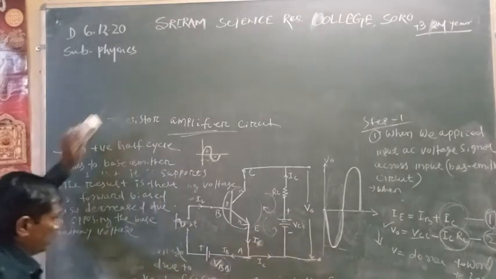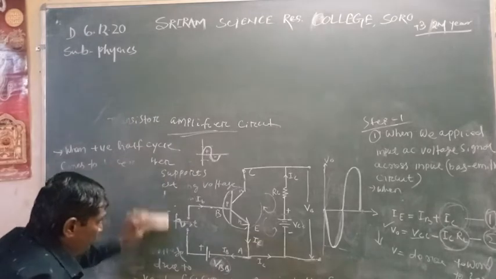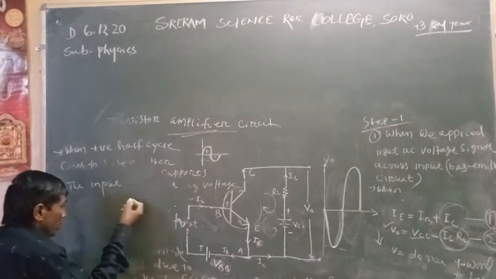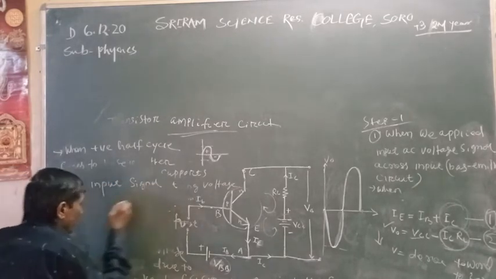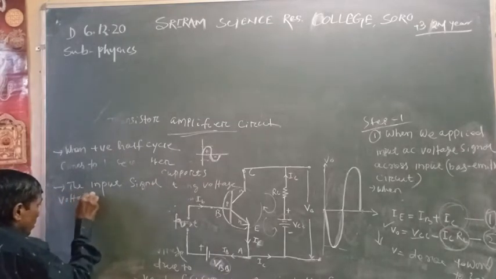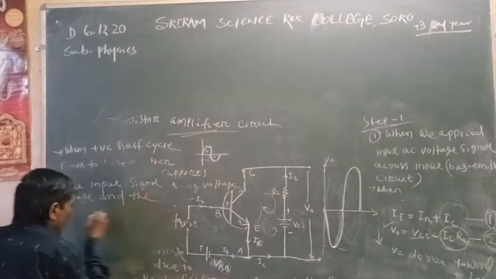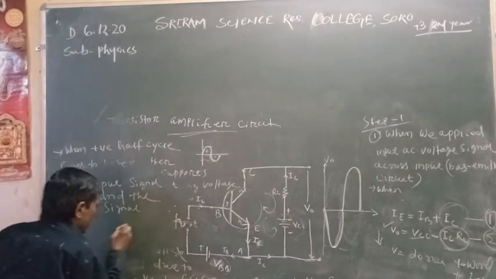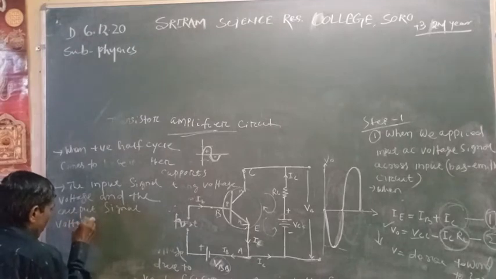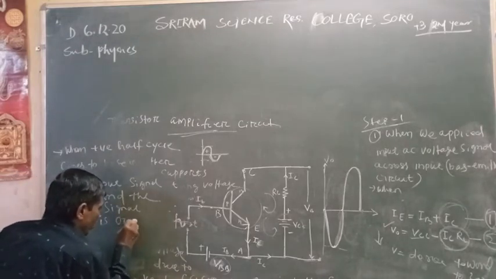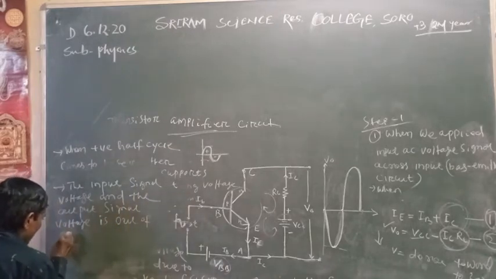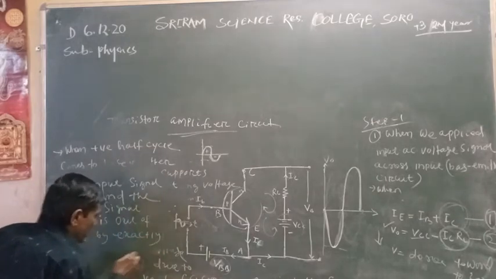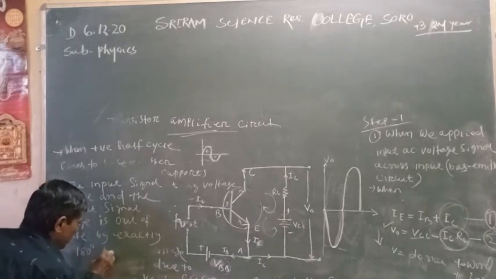Now finally we write: the input signal voltage and the output signal voltage are out of phase by exactly 180 degree phase shift.